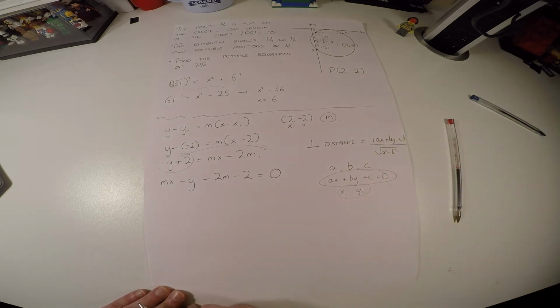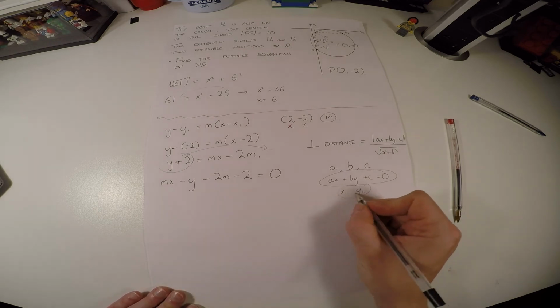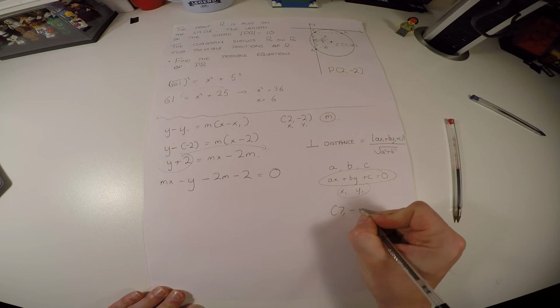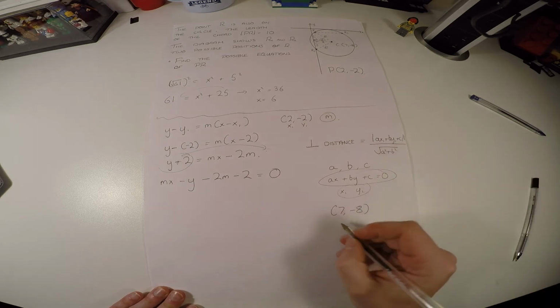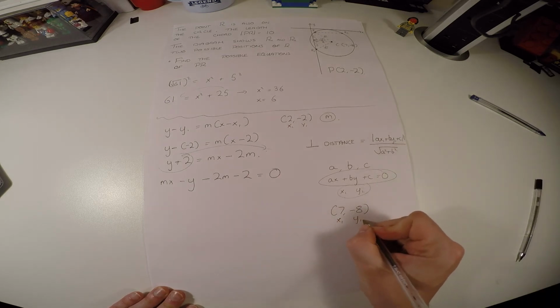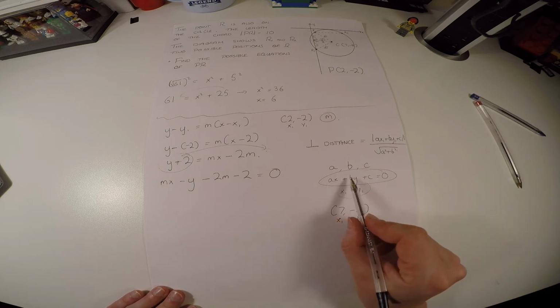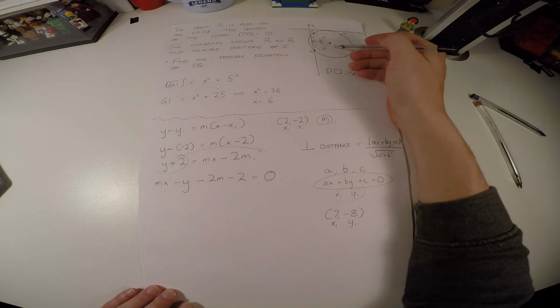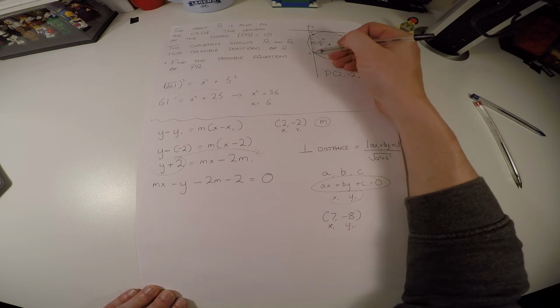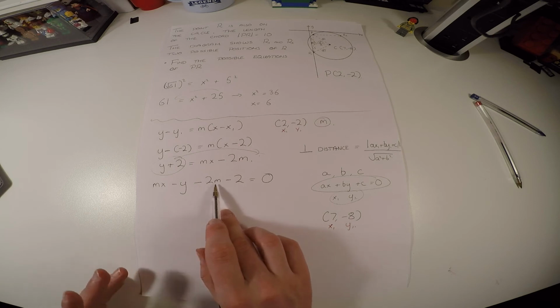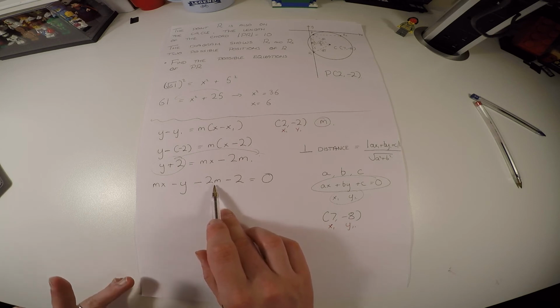So what are the coefficients we're working with? Well, we know our point x1, y1 is the point C, (7, -8). So that's going to be our x1, and that's going to be our y1. So what about our A, B, and C? Well, we're looking for the perpendicular distance from this point to this line. And we made a line here with m's in it that we don't know about, but we can use the m's and see if we can solve for this m.